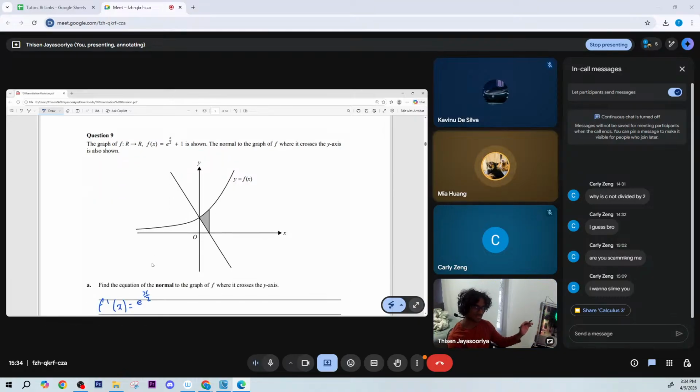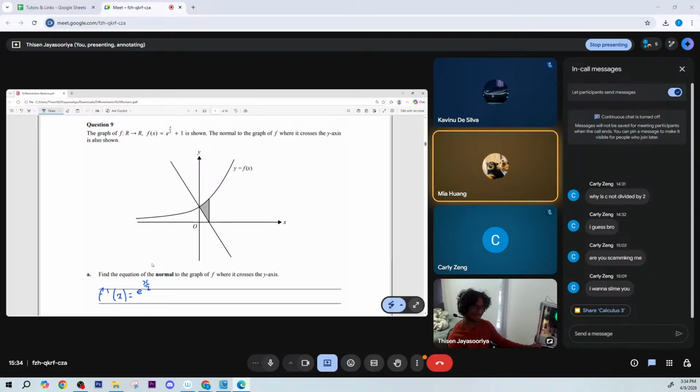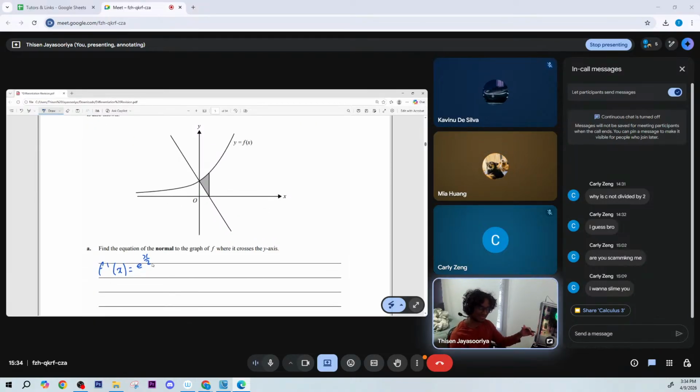It starts with a C, ends with an N, and has a rule. Chain rule. Oh. So we divide it by 2. So it's f dash of x equals e to the power of x over 2, over 2.